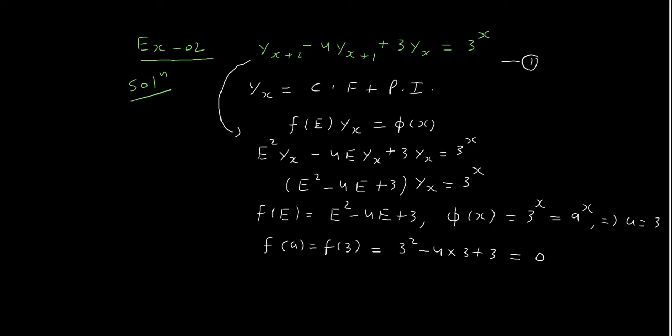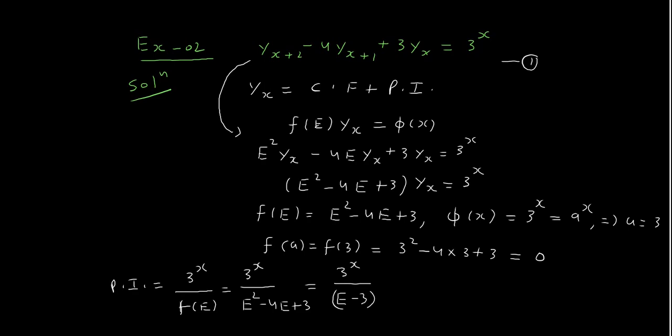The particular integral becomes 3 to the power x upon f(E), with E squared minus 4E plus 3. Because f(a) equals 0, first we find the factors of the polynomial: this becomes (E minus 3)(E minus 1). In standard form this becomes 3 to the power x upon (E minus 3)(E minus 3), and this becomes φ(E).